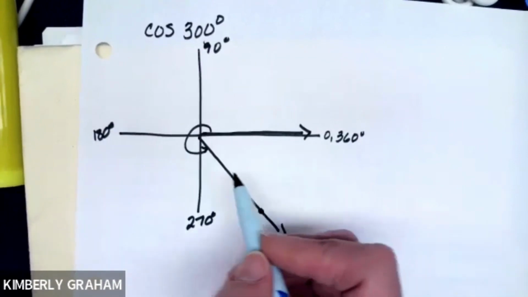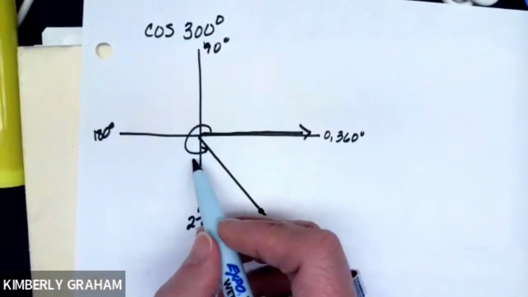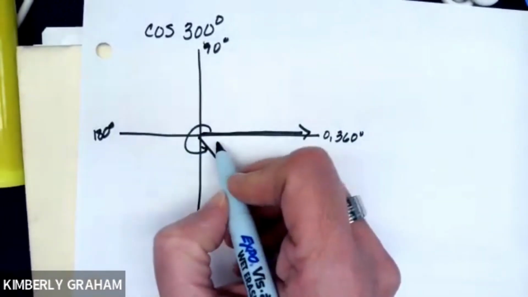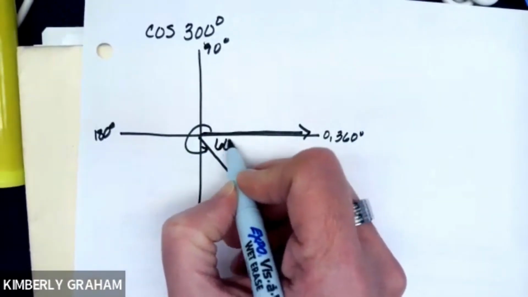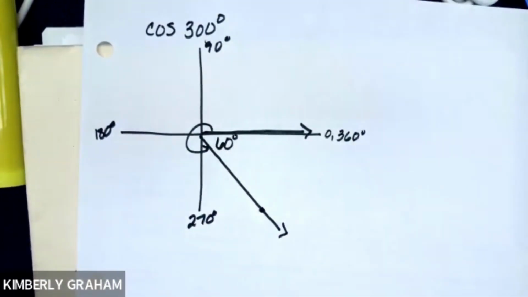Now I know that if all the way around here I have marked as 300, then this angle in here is 60 degrees. That is what I'm calling my reference angle. The angle that's made by the terminal side and your x-axis is always going to be your reference angle.